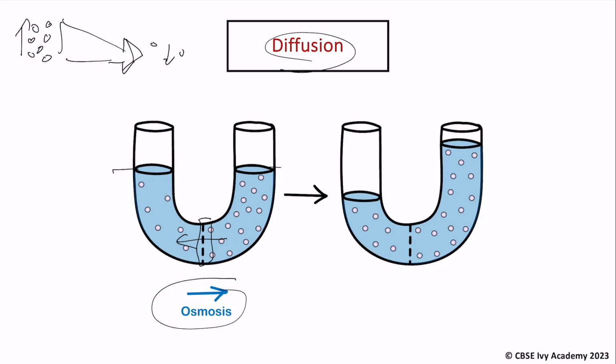It's essentially equilibrating the concentration of the solute, because here the concentration of the solute is now equilibrated. And that's because the water has gone to the right via osmosis and helped equilibrate the concentration of the solute.